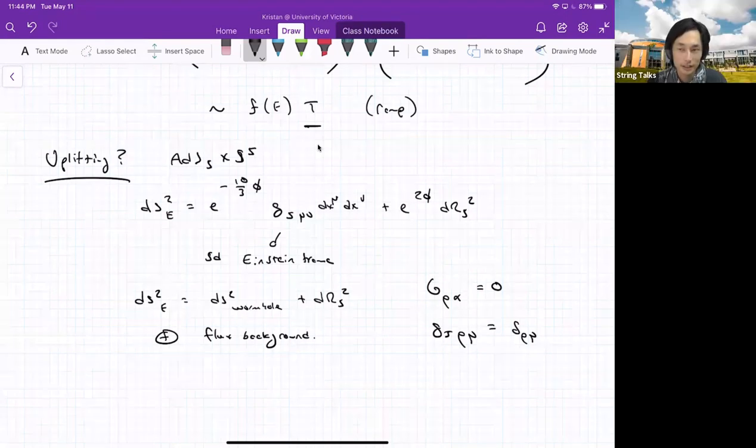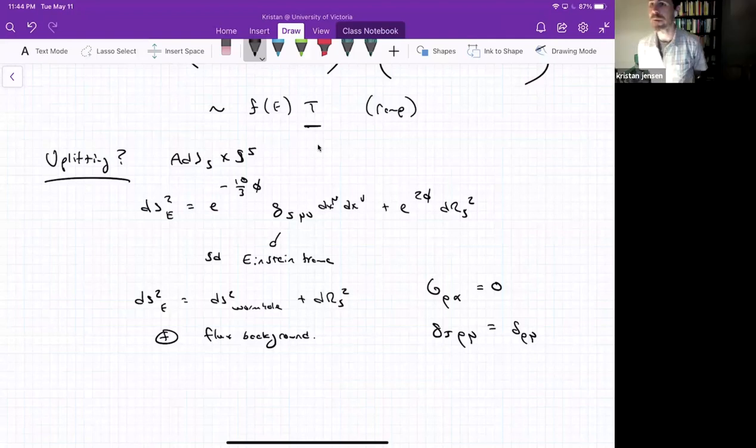Okay. Yeah. It's akin to asking, there's a famous problem along these lines in gauge theories. There are instantons that we all know about.